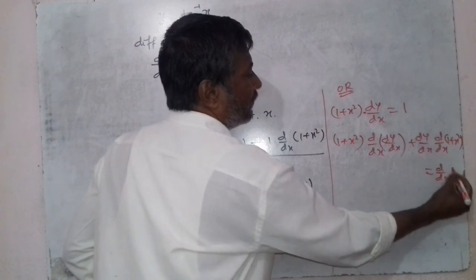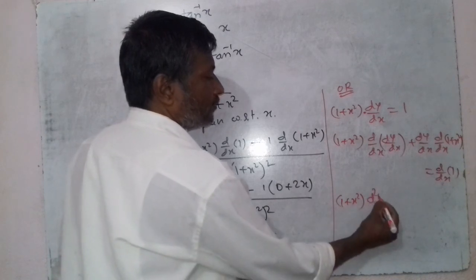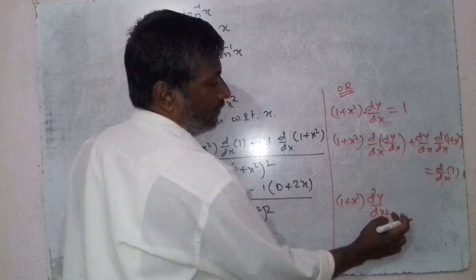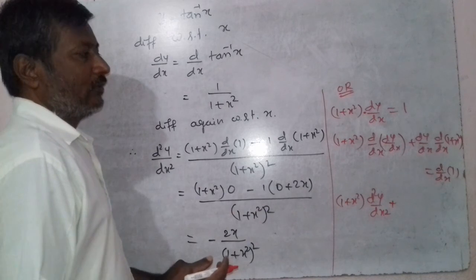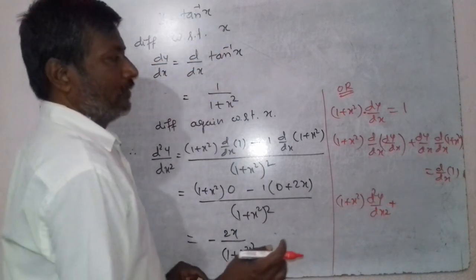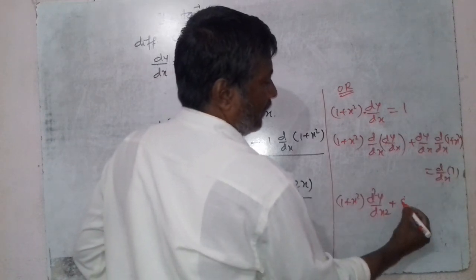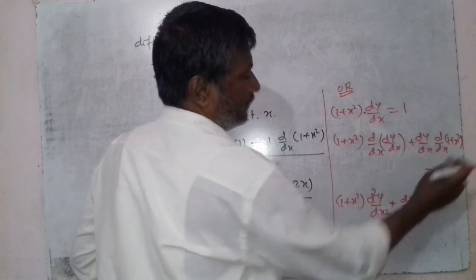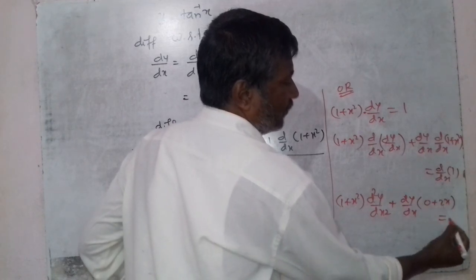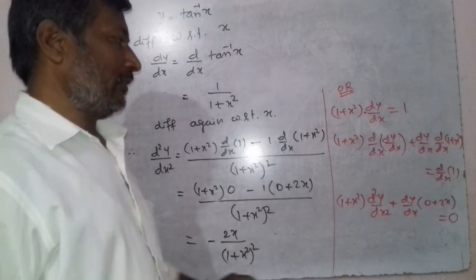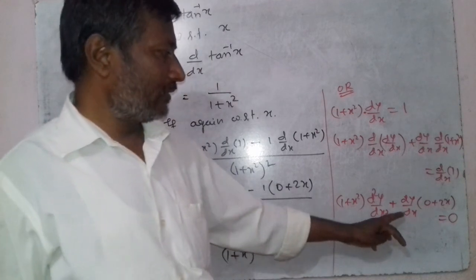So 1 plus x square d square y by dx square, the derivative of dy by dx, plus dy by dx into the derivative of this one, which is 0 plus 2x, equals 0.